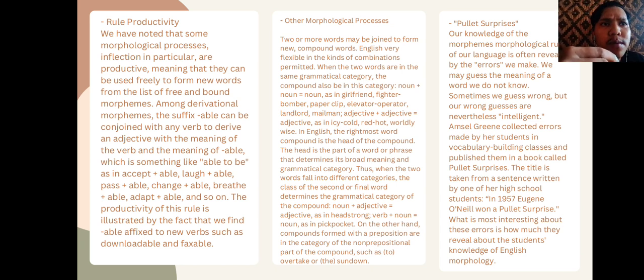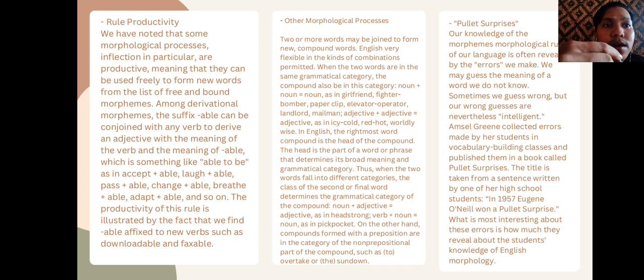Other morphological processes. Two or more words may be joined to form new compound words. English is very flexible in this kind of combination, permitted when the two words are in the same grammatical category. The compound may be in this category: noun plus noun, as in girlfriend, fighter bomber, paperclip, elevator, landlord, mailman; adjective plus adjective, as in icy cold, red hot, worldly wise. In English the rightmost word of a compound is the head of the compound.